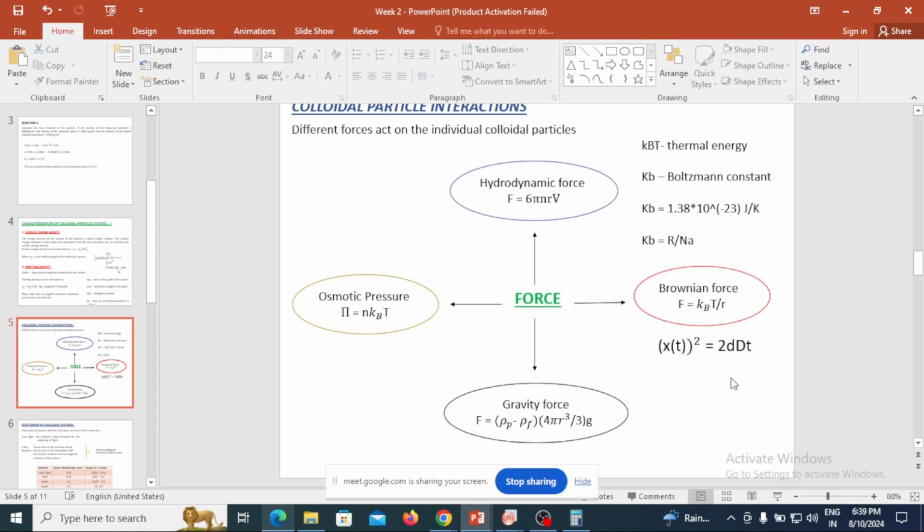So as this particle undergoes Brownian motion, it also undergoes a certain displacement, because it's having some motion, right? So when it has a motion, it will cover some distance as it goes. So that is represented as x(t) squared, the mean square displacement, is equal to 2 times small d times capital D times t.